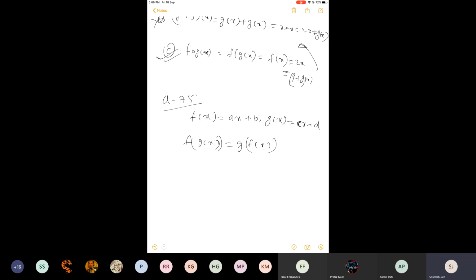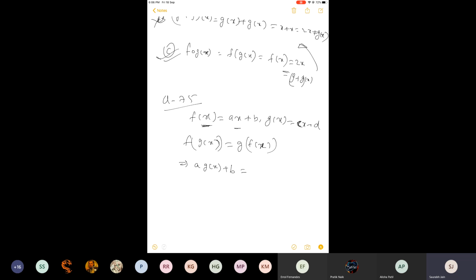Okay, so in this question, fx is given, gx is given, and they want this value. I think I will have to compare. So f of gx, let me see what this is. f of gx means I'll put gx here, so it becomes a gx plus b.